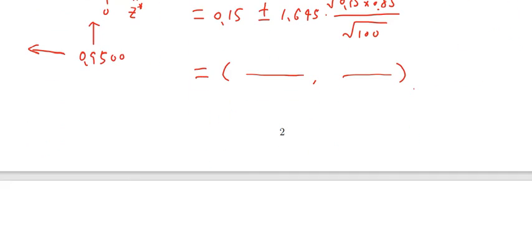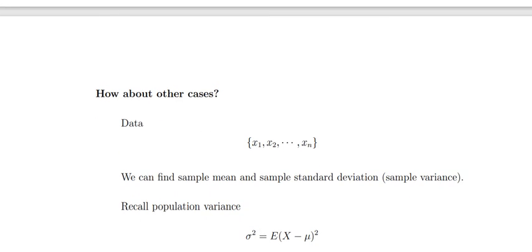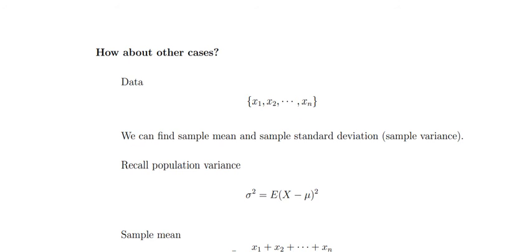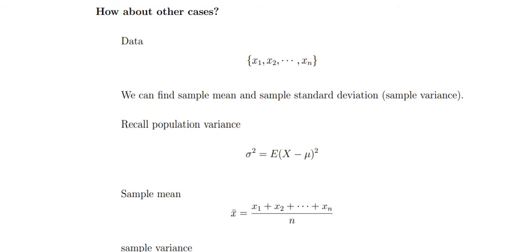Okay, so how about the general distribution, where the data is not 1-0 data? Data like x1, x2, xn. From this data we can find the sample mean, the average. Then we want to estimate the population's variance, the population standard deviation sigma.